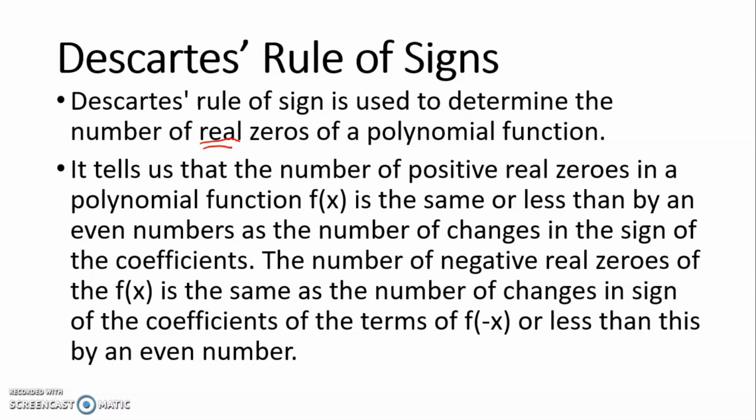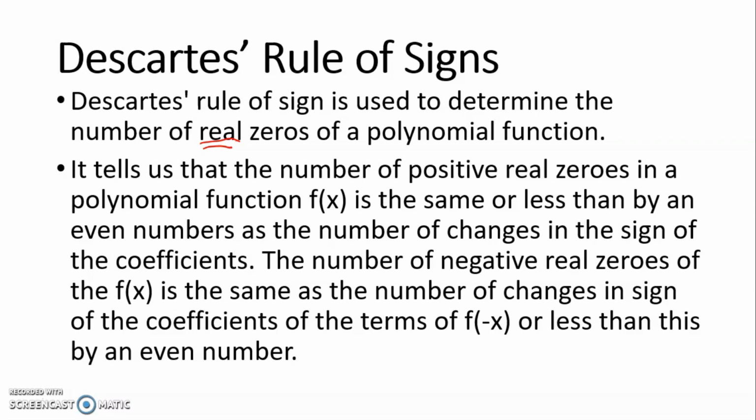So how does Descartes' rule of signs work? It tells us the number of positive real zeros in a polynomial function f of x is the same as, or less than by an even number, the number of changes in the sign of the coefficients. The number of negative real zeros of f of x is the same as the number of changes in sign of the coefficients of the terms of f of negative x, or less than this by an even number.